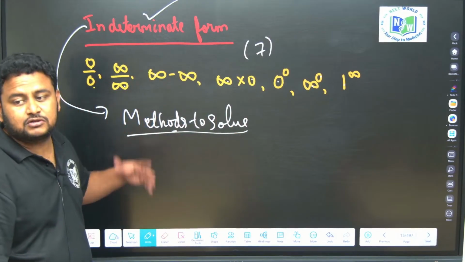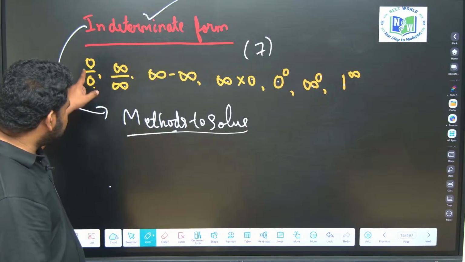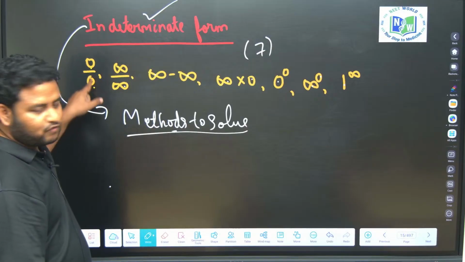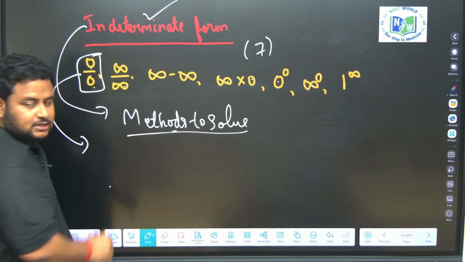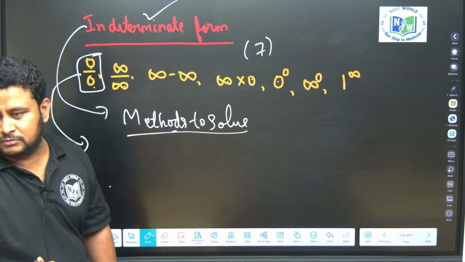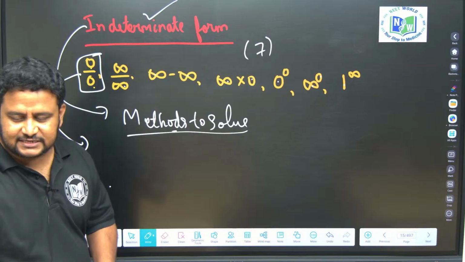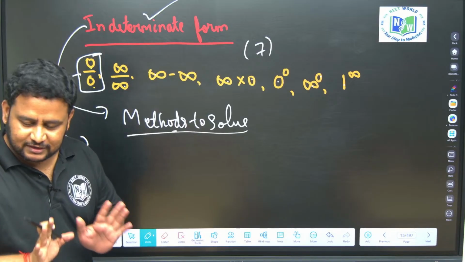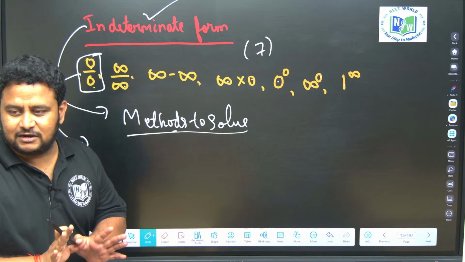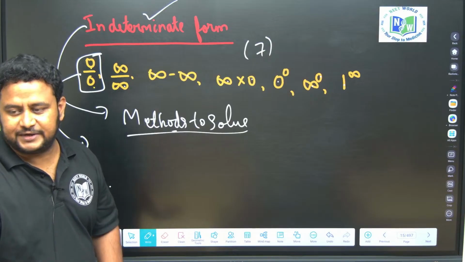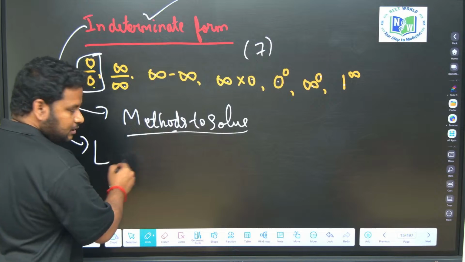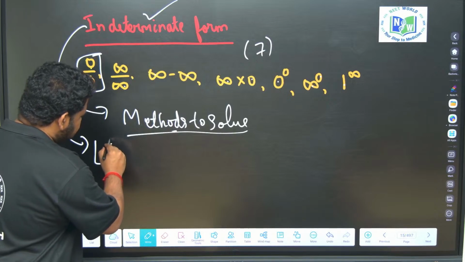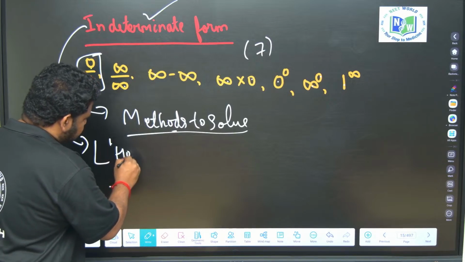Now I will tell you what those methods are. First of all, you have to understand that this 0 by 0 form I can solve by using a method called L'Hopital rule. Some people read it as L'Hospital rule. The wording looks like hospital, but it is not hospital. You have to read it as L'Hopital rule; the S is silent.